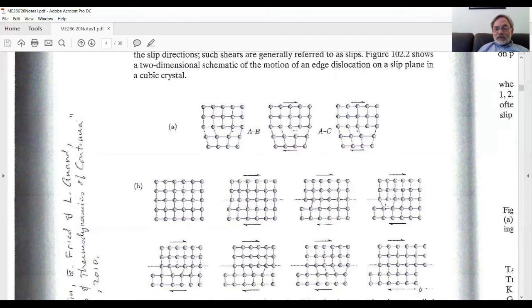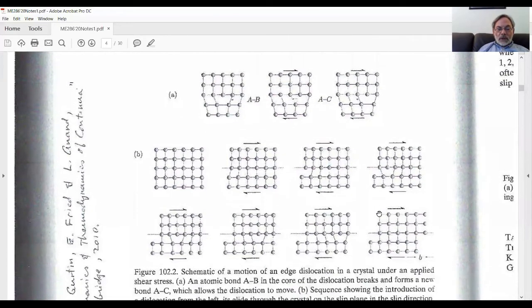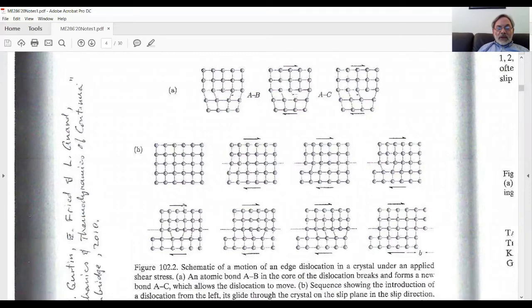It breaks. Meanwhile, this atom is in closer proximity to this one and forms a bond. So now what we've done in effect is to introduce an edge dislocation into the crystal lattice through this bond breaking mechanism. Here's this edge dislocation. We continue the shear displacement.